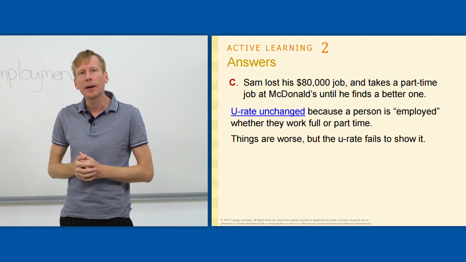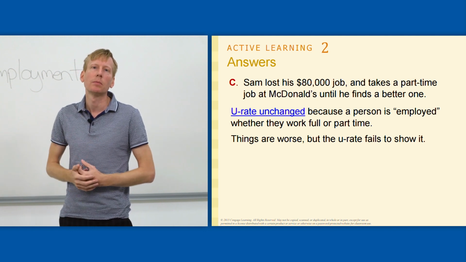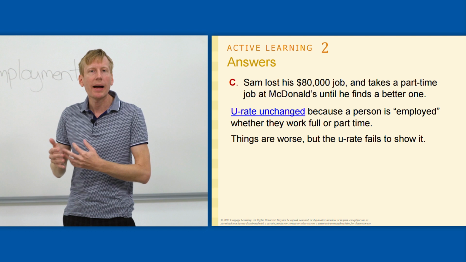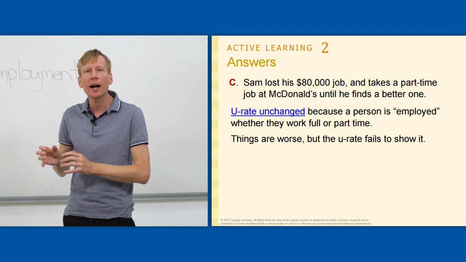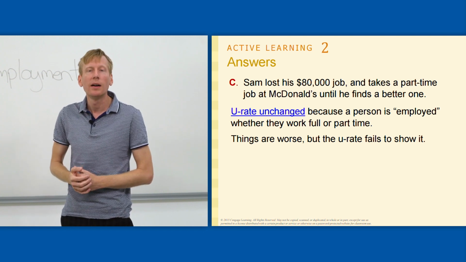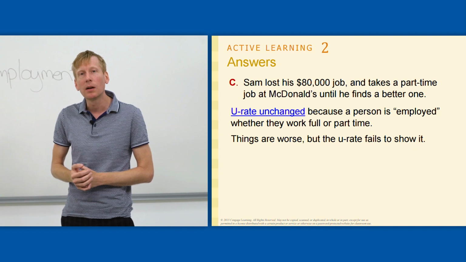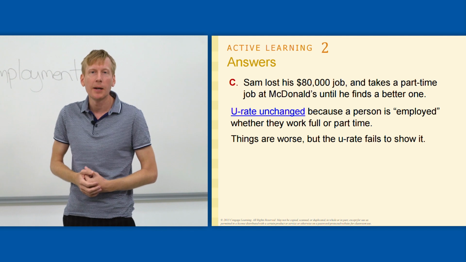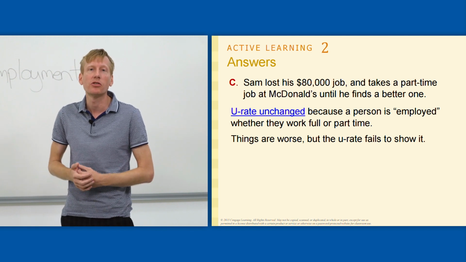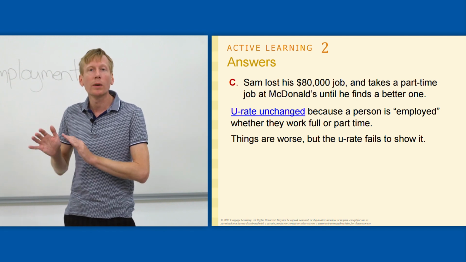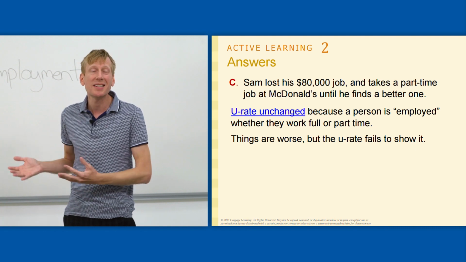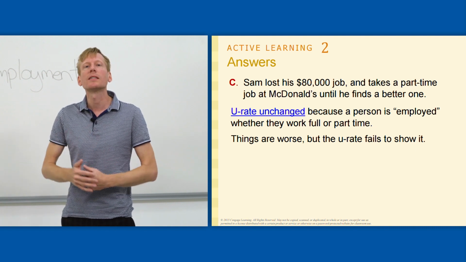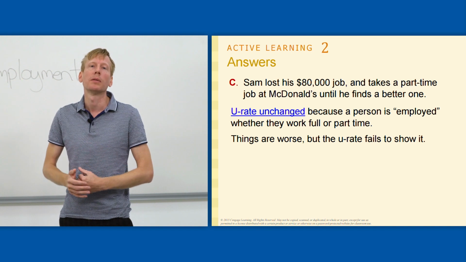Now, for Sam, this is a negative labor market outcome. This is a bad thing for Sam and his family. His job is not as good as it was before. We would classify Sam, who has the skills and training to be a highly paid research scientist, but is only able currently to find a job working for McDonald's, where he's paid a very low wage because his skills are not needed, we would consider him to be underemployed.